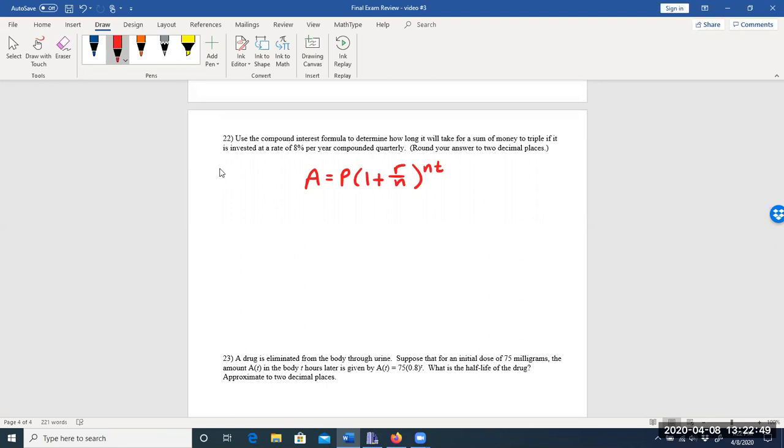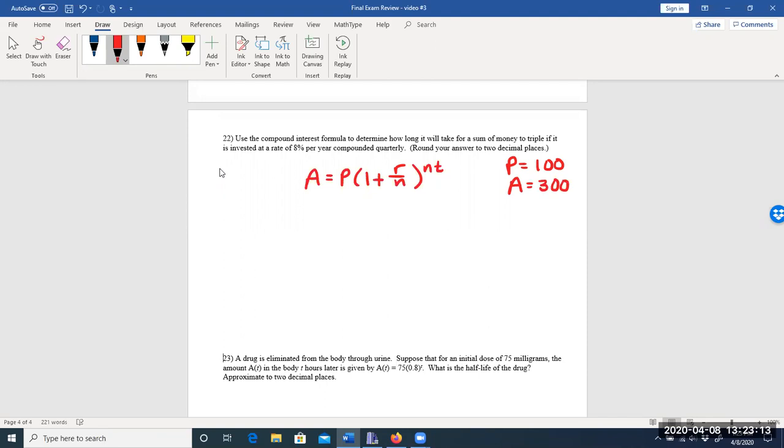So it doesn't give us a principal. You can make up your own if you want. Like maybe I would say P is equal to 100. If P is 100, A is 300 because we're trying to triple our money.